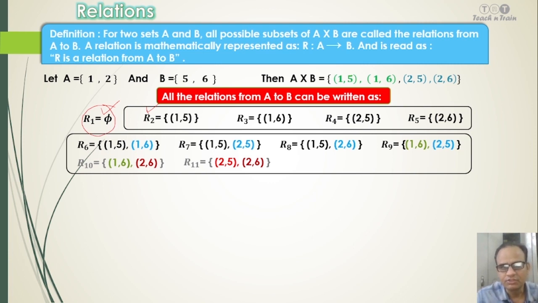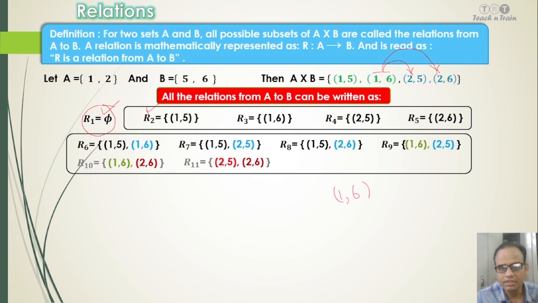If I select the first element (1, 5) and group it with the other elements, I can generate 3 possible subsets in this way: (1, 5) with (1, 6), (1, 5) with (2, 5), (1, 5) with (2, 6). Likewise, I can make another group of sets containing 2 elements with (1, 6): (1, 6) and (2, 5), (1, 6) and (2, 6).